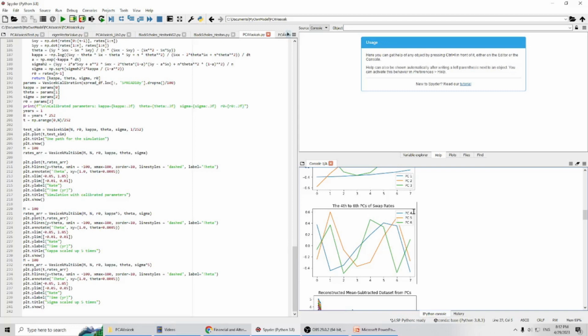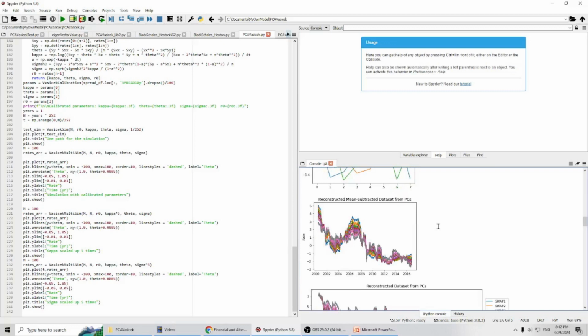Principal component 4 has impact like this, and the fifth one has impact like this, and the sixth one has impact like this. Of course, all those impacts are ignorable.